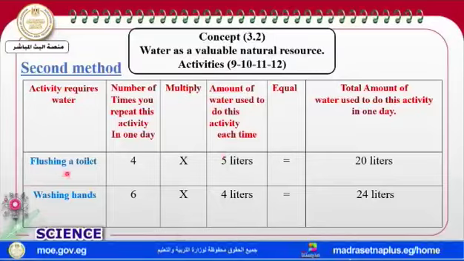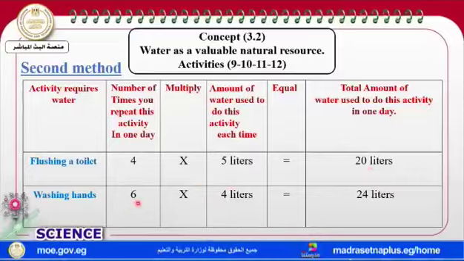Like what? Flushing a toilet. Every time you flush the toilet, you use 5 liters. Okay, but how many times do you use it? Just 4 times. If you flush the toilet 4 times, 4 multiplying 5, you will use 20 liters, my dear student.